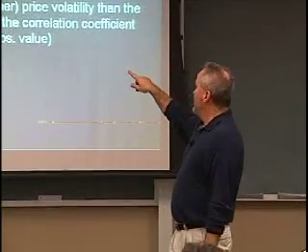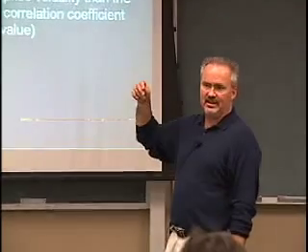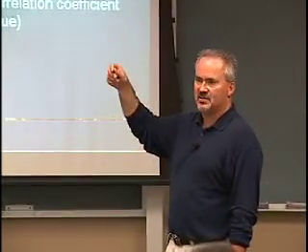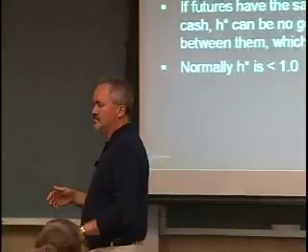understanding of the optimal hedge, because let's suppose cash and futures move in tandem fashion. So if cash goes up 1%, futures goes up 1%, they move together, so the correlation coefficient is going to be 1, right? And the standard deviation of cash will equal the standard deviation of futures.